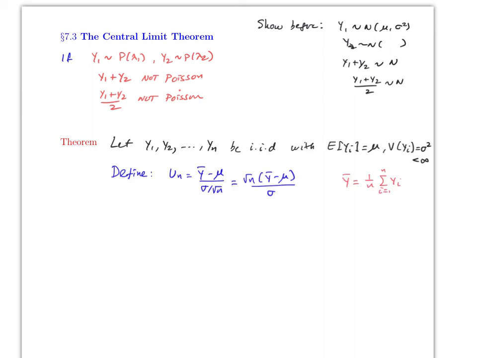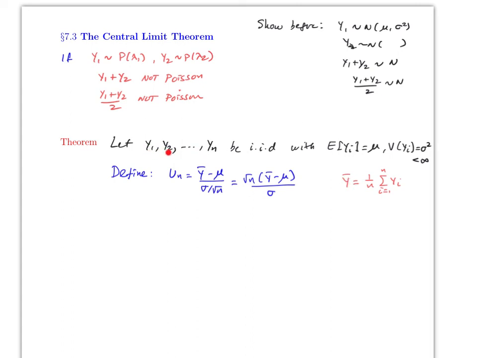Suppose that you have y1 to yn, and they are IID, which remember means independent and identically distributed, where the mean is mu and the variance is sigma squared. Notice that nowhere does it state that these are normal, because if these were normal, then we already know that y bar is normal and we would be done.